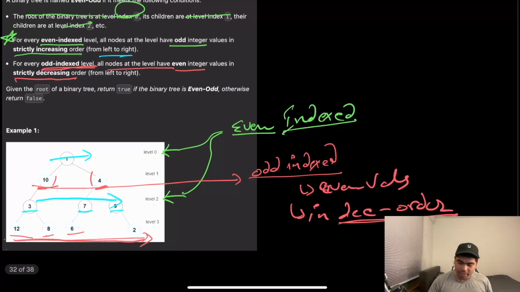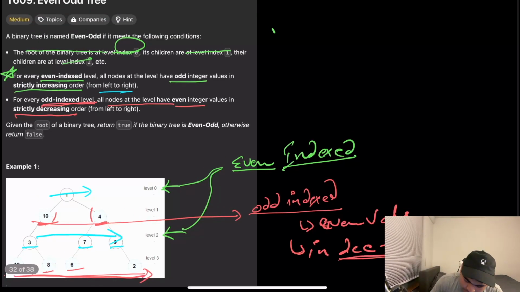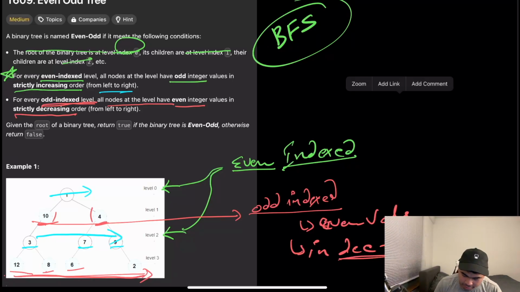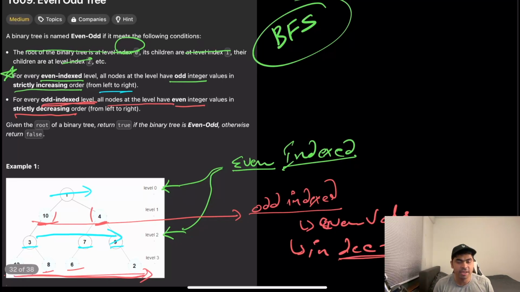So we are definitely using BFS here to solve this problem. The description is quite complicated; they have tried to make it complicated. However, I simply see a BFS solution where at every level we just have to check what our level is.